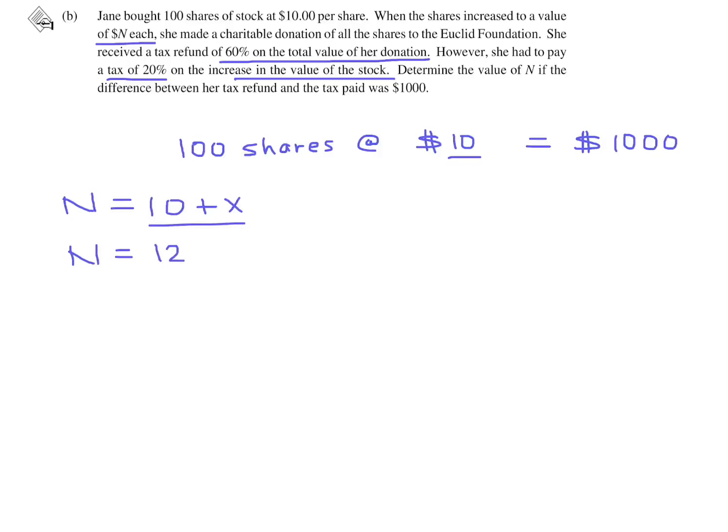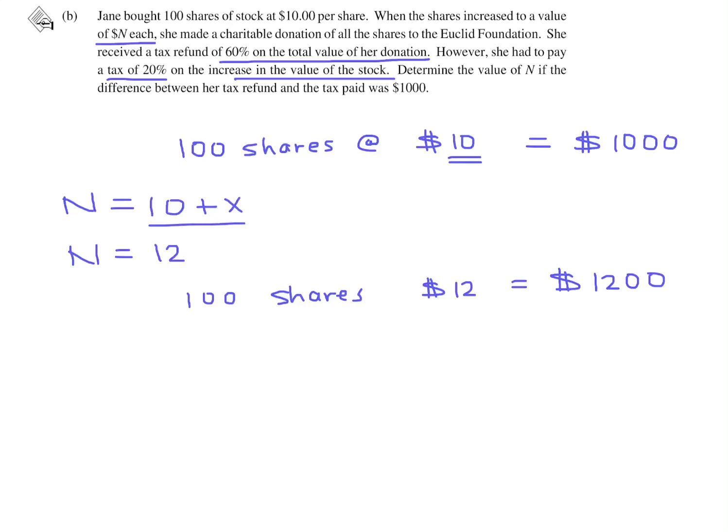All right? So first thing is that the stock increases to $12. It was initially 10. So now her 100 shares are $12 per share. So now they're valued at $1,200.